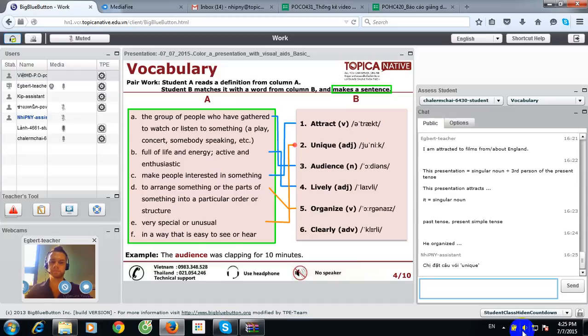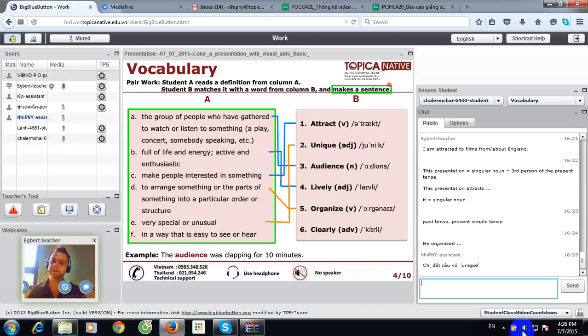That is close, very unique. Interesting. Yeah, nice. Very well. And then Chalem Chai. Motorbike is annoying unique.